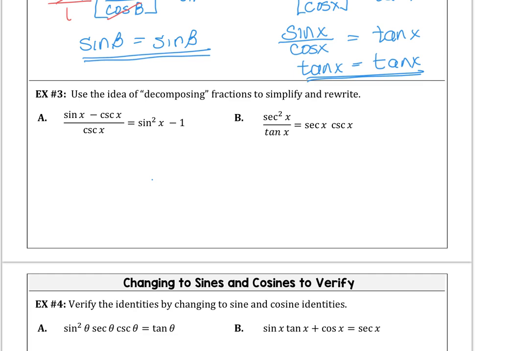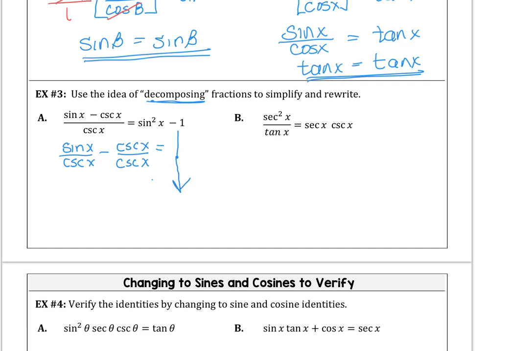For example 3, another idea is to decompose a fraction. When I say decompose, I think of this as one fraction and this as another fraction, and we're subtracting those fractions. So decomposing looks like this: sine divided by cosecant minus cosecant divided by cosecant. I want to know if it's equal to this term, so let's think about that.